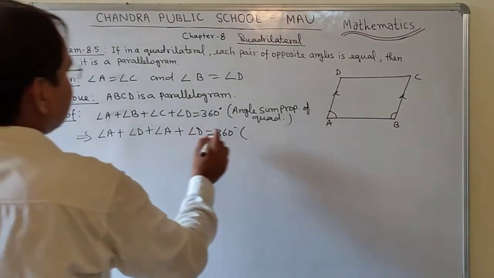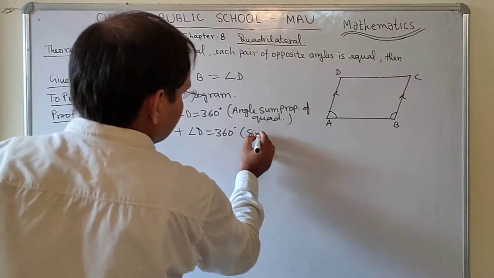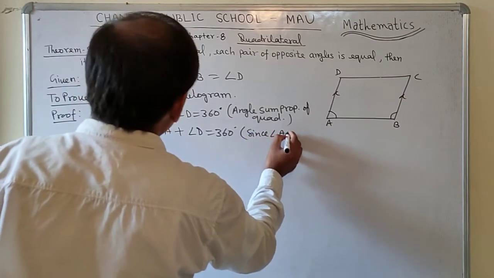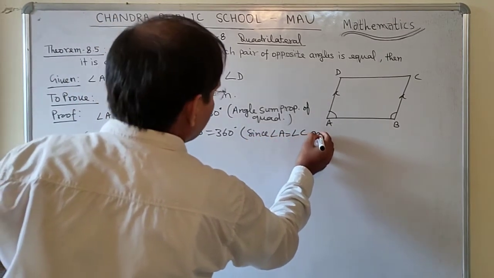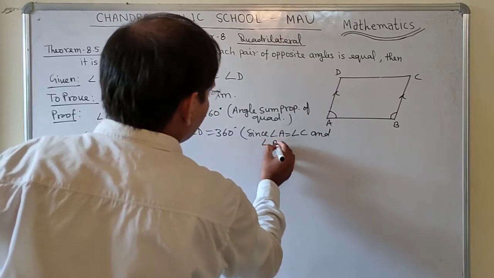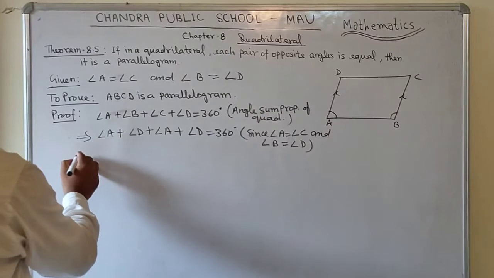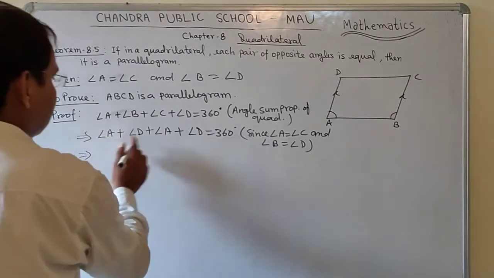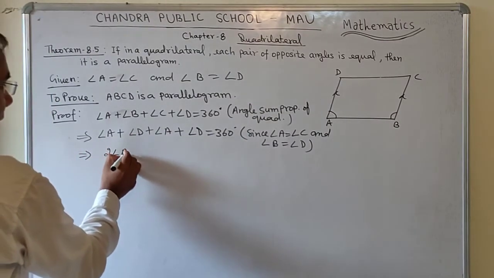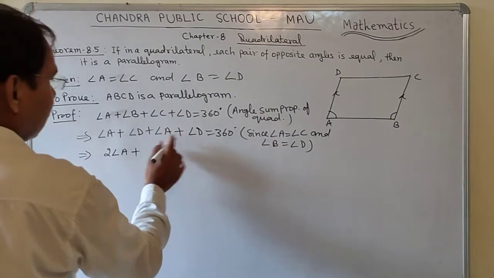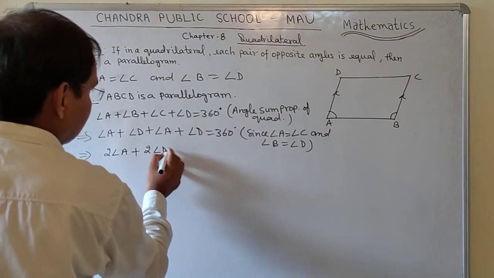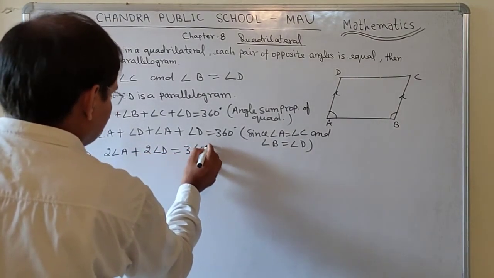Here you can give the reason: since angle A equal to angle C and angle B equal to angle D. It is given in the question, so that's why you are going to replace the value. Angle A plus angle A, that is 2 angle A. Angle D plus angle D, that is 2 angle D. It is equal to 360 degree.